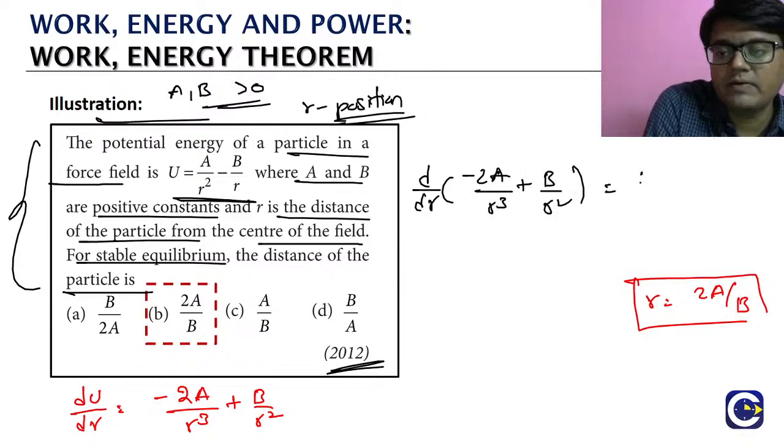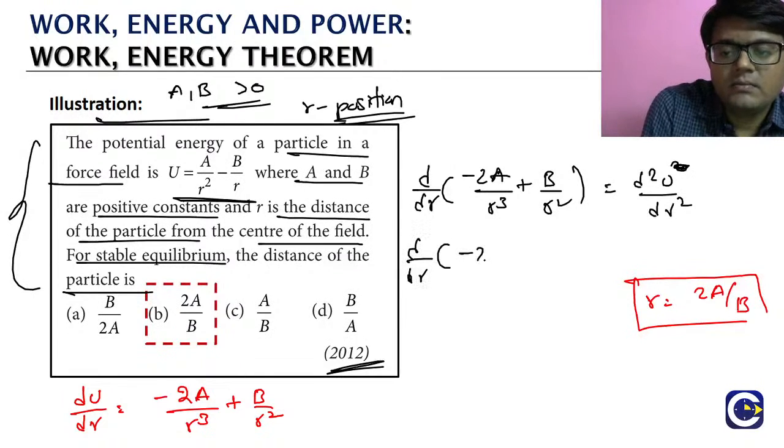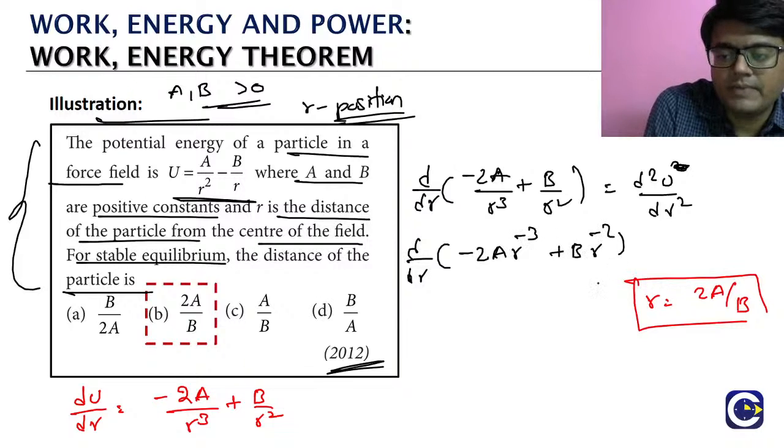This is our second derivative. We can write it as minus 2a into r power minus 3 plus b into r power minus 2.